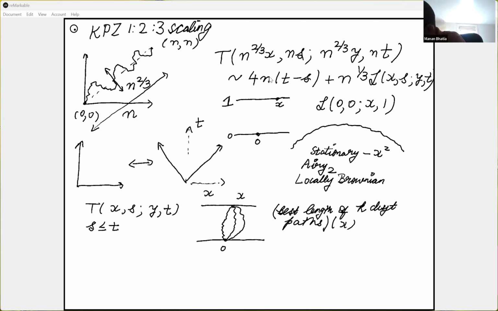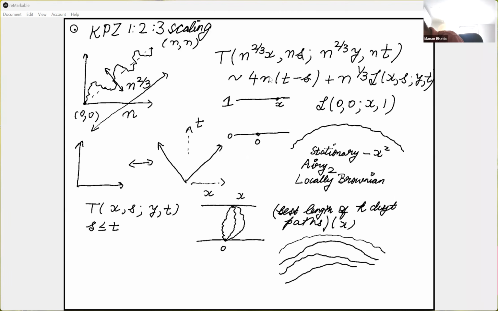This thing also has a very integrable representation. There's an object called the Airy line ensemble, which again comes up in random matrices. It's an infinite collection of lines, the first line we call P1, then P2, P3. They're all ordered, so they're non-intersecting.